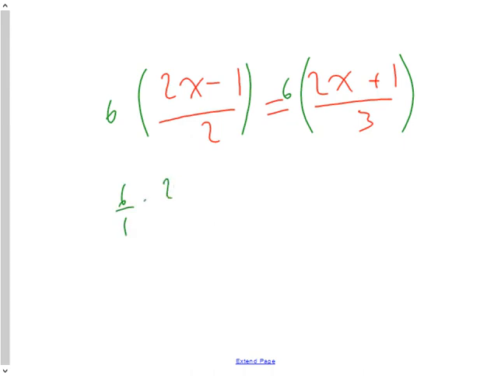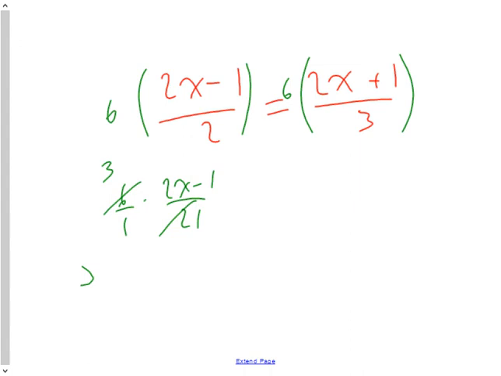So I'm going to rewrite it here. 6 over 1 multiplied by 2x minus 1 over, sorry, over 2. When I cross-reduce, which you have to do here, you're going to get a 3 up here and a 1 down here. So the denominators are no longer a part of our expression, and it's simply 3 multiplied by 2x minus 1.